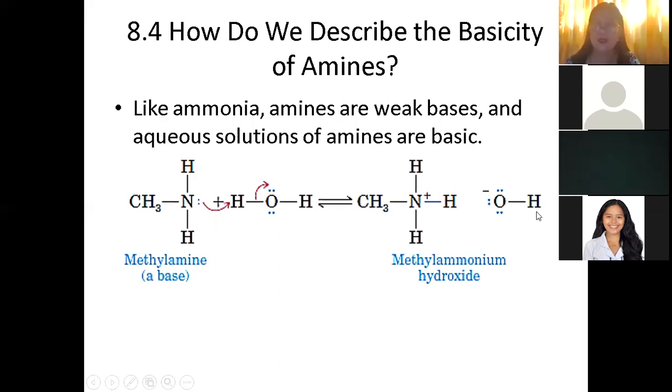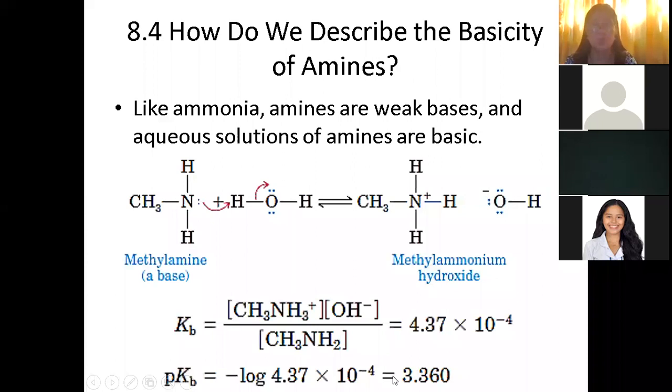So we are now in the reaction. When methylamine is added with water, it will form a base known as methyl ammonium hydroxide, which has a basicity level of 3.360.